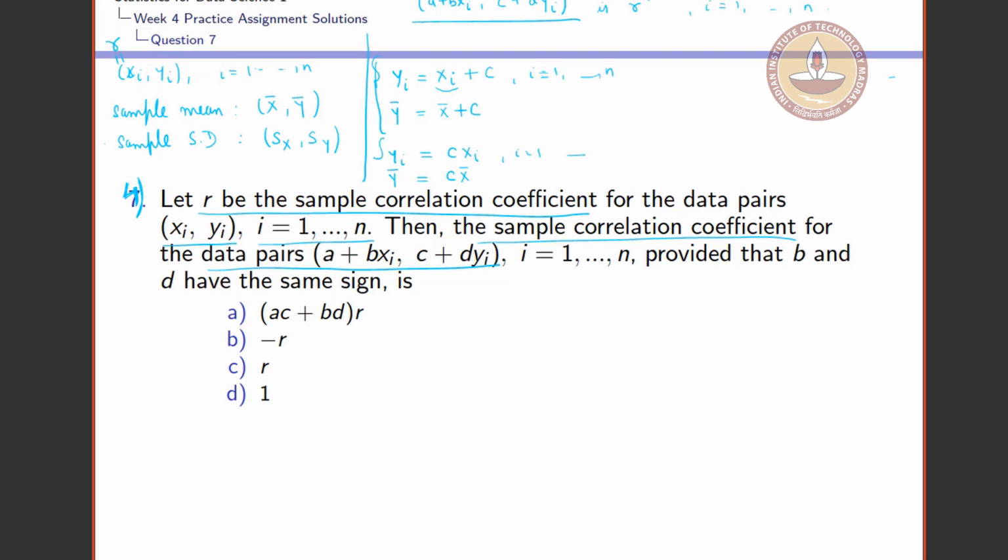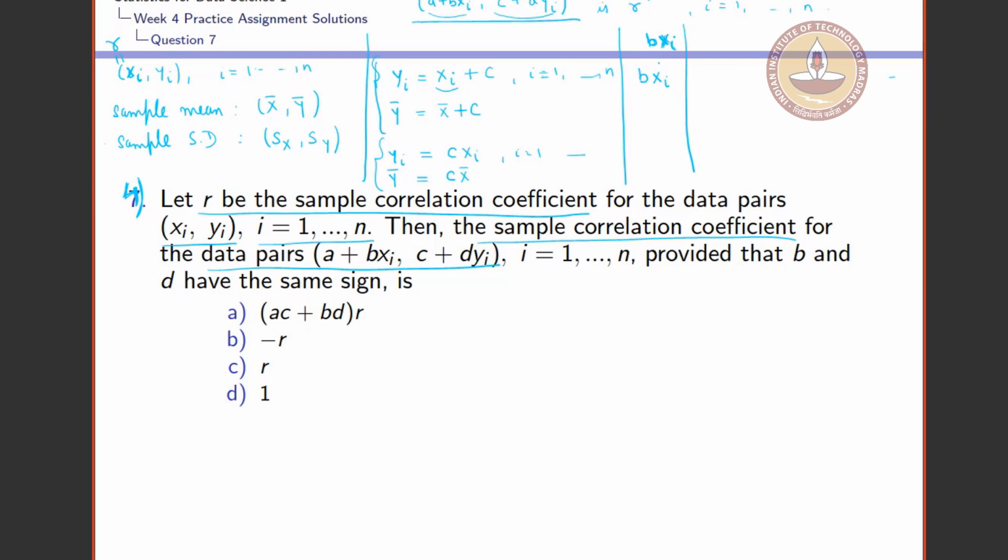So we will use these two properties in order to calculate the mean and standard deviation for these two pairs of points. You have assumed that the mean for xi is x bar and the mean for yi is y bar. So what will be the mean for b of xi? If you multiply a constant, the new mean will be equal to the constant times the mean of xi.